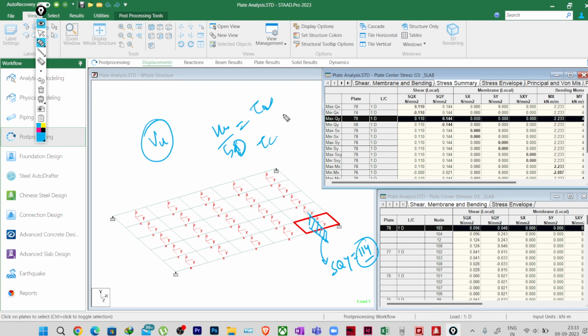Try to create one case for yourself also, where you have applied some load, and you know in which direction you will be getting the bending, and in which face you will be getting the higher moment. Then you check the results and try to interpret them. Then you will get a better understanding of the sign convention in STAAD.